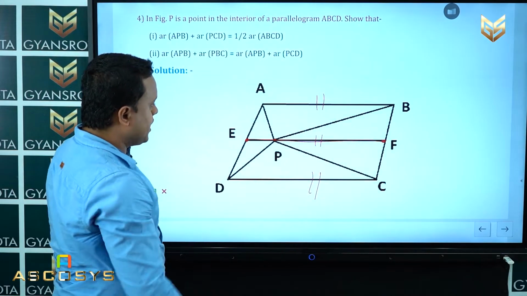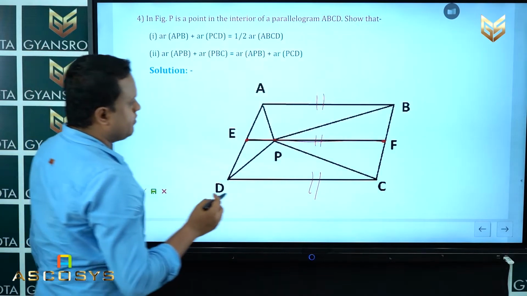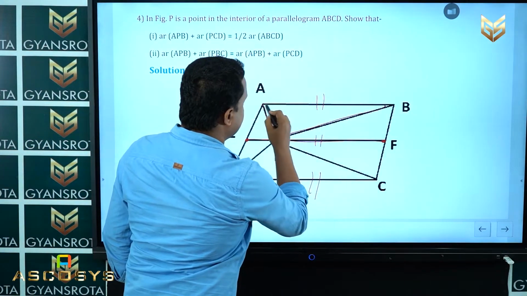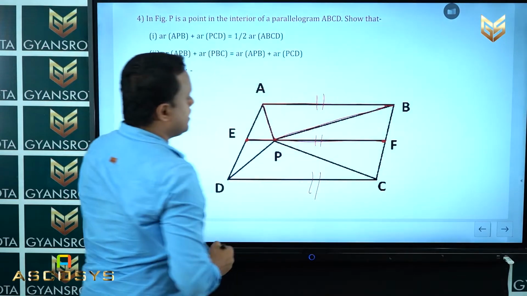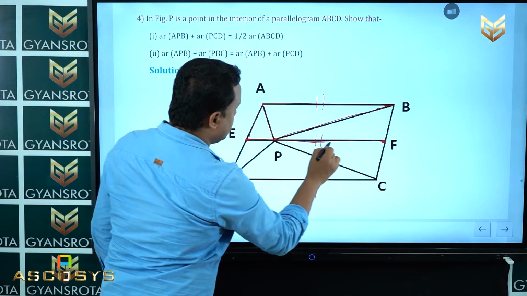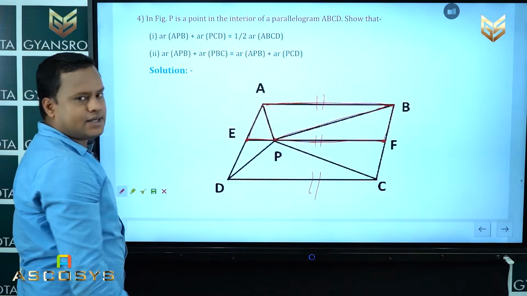Now, similar to the previous problem, we have the theorem: the area of a triangle is equal to half of the area of a parallelogram if both of them are between the same parallels and on the same base.